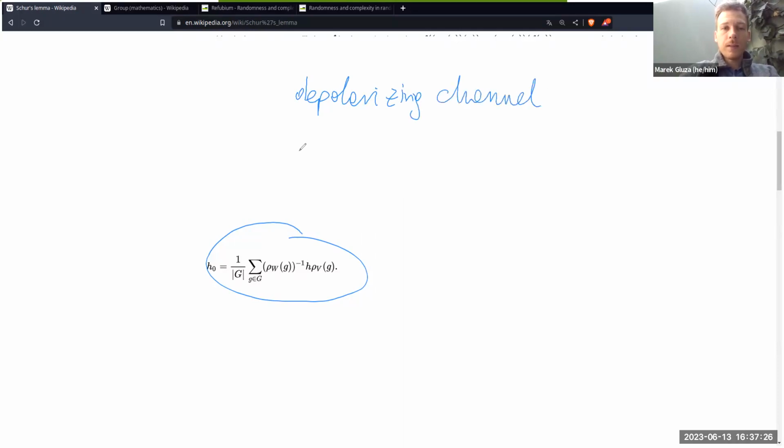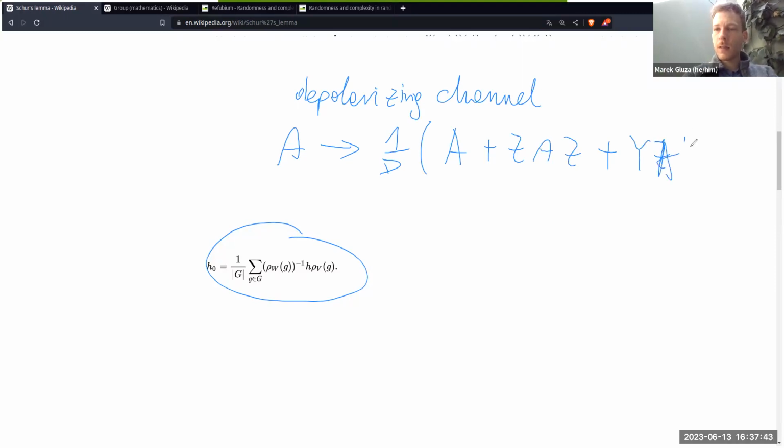This depolarizing channel means you take a matrix A and then you divide one by the dimension, which is a number, and then you take the matrix, take Z A Z, plus Y A Y, plus X A X. Okay?